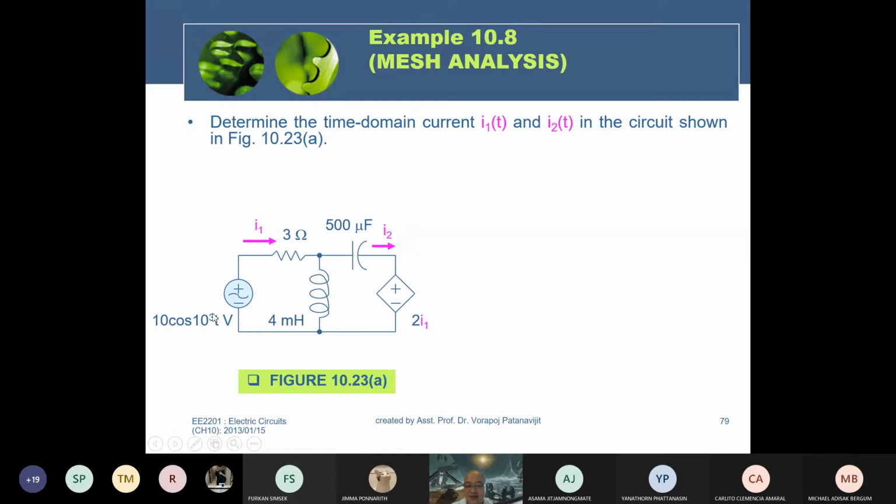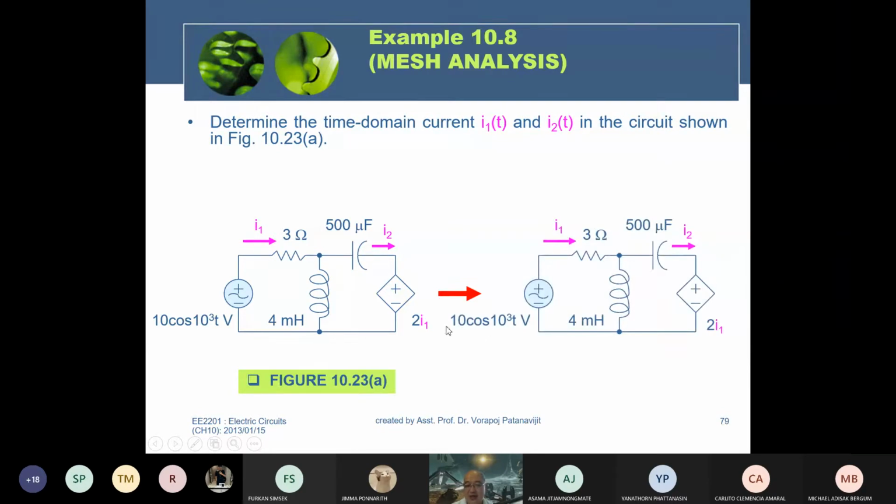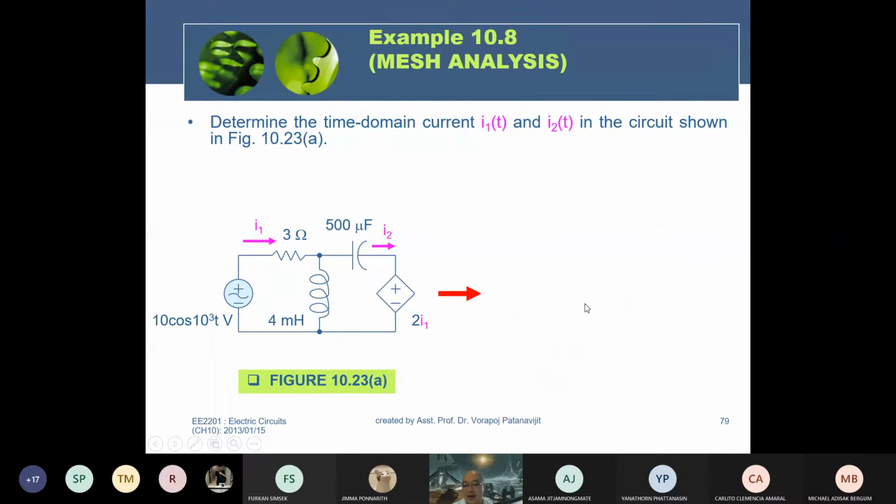The resistance, inductance, and capacitance values are also not yet in impedance form, so you must convert them first. We convert the source: 10 cos 1000t equals 10 at 0 degrees. In this step you know omega equals 1000.